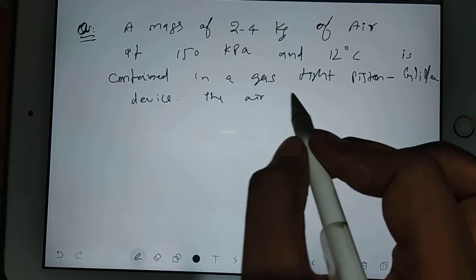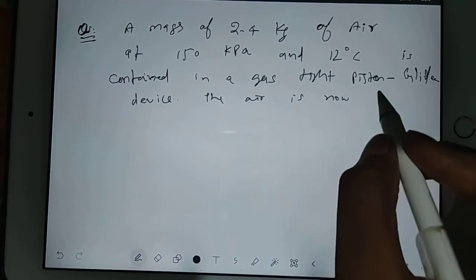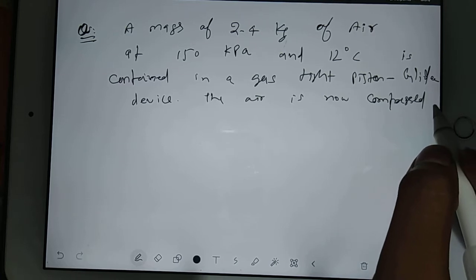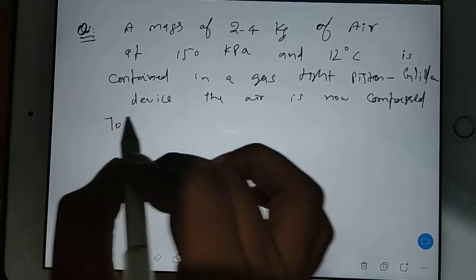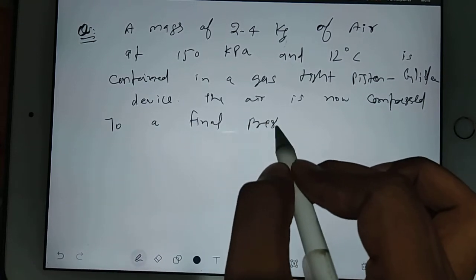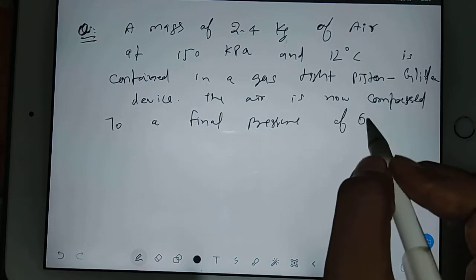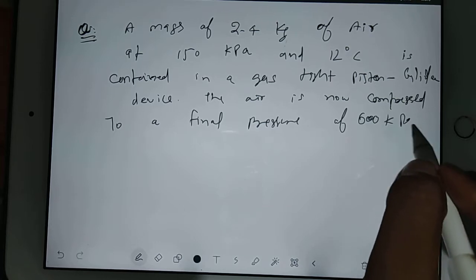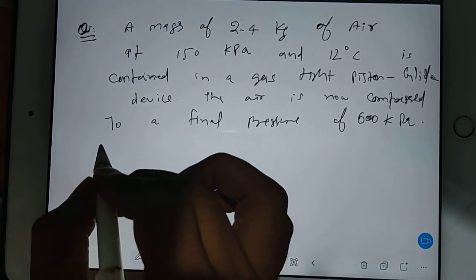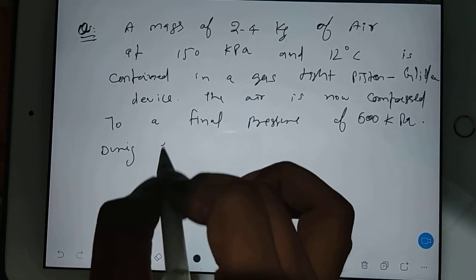The air is now compressed to a final pressure of 600 kilopascal. Okay.